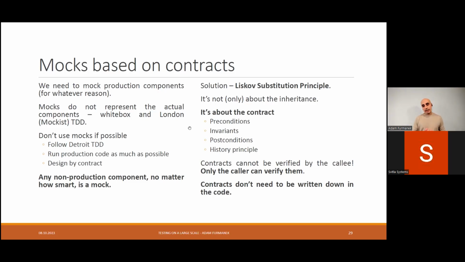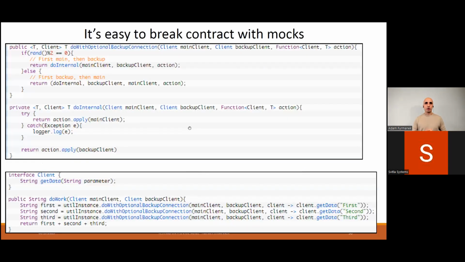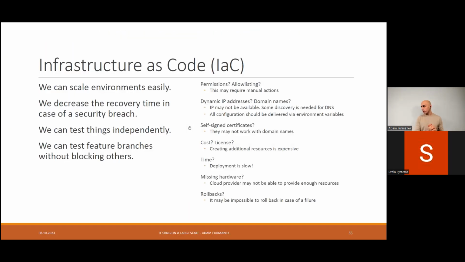Cool. So with that said about mocks, I'm not going to consider this example because we do not have enough time. So let's carry on. Let's say that we use infrastructure as code in our software. Now, infrastructure as code has many benefits. We can scale environments easily.